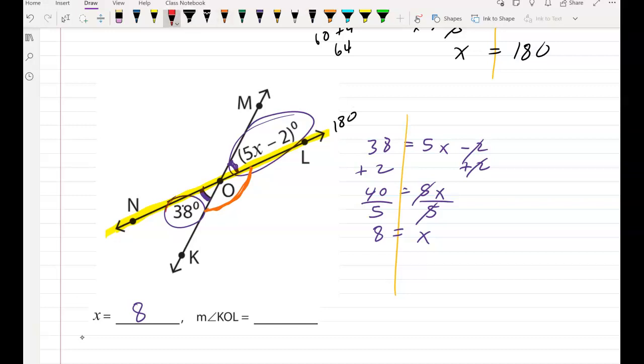And if this one is 38, and we've got 180 here, then I should be able to do 180 minus 38 to find the measure of angle KOL. And that would be 142. 142 degrees. Perfect.